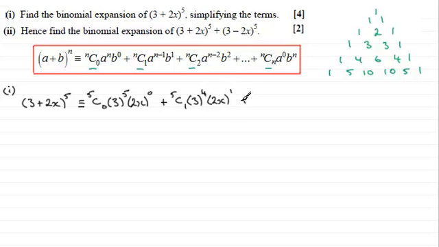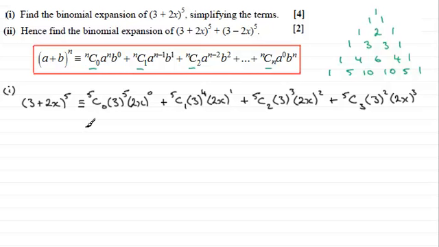Next term will be 5C2, or in place of 5C2 you could write the 10, and then it's going to be 3^3 and (2x)^2. Next term will be 5C3, which would be the 10 here. Then we would have 3^2 multiplied by (2x)^3.